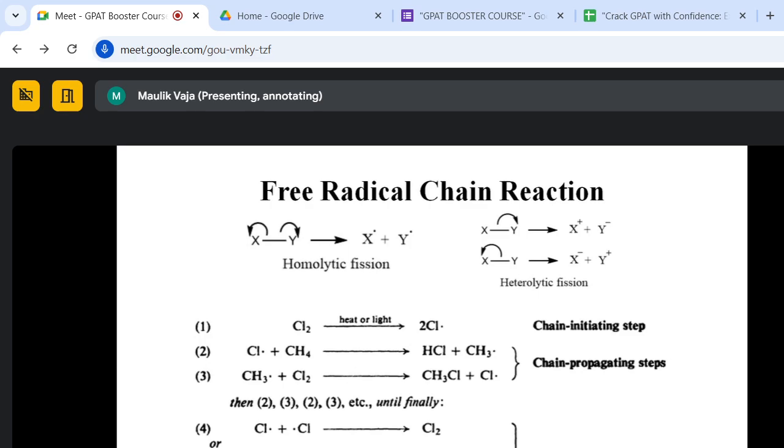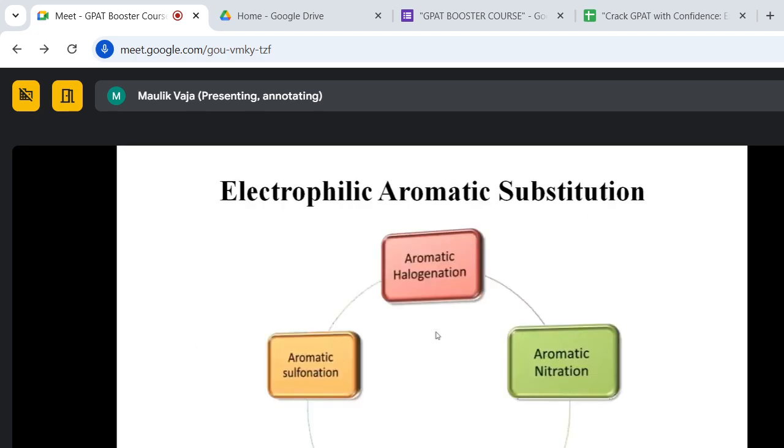So you will get chloromethane, then dichloromethane, then trichloromethane, that is chloroform CHCl3, and finally CCl4, that is carbon tetrachloride. Until all the hydrogens are replaced, this chain reaction will keep going. So this is about the free radical chain reaction.